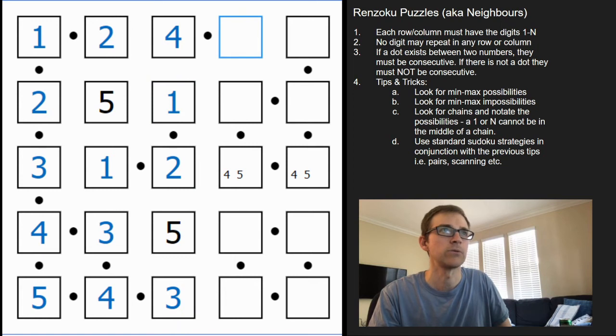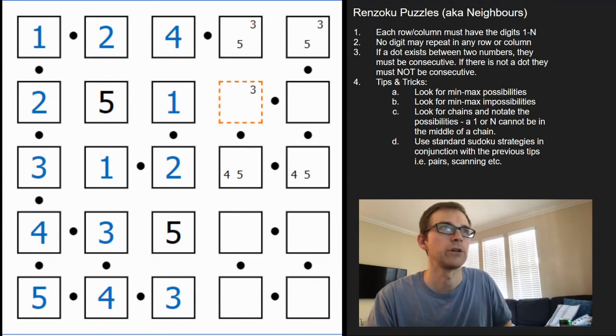And now we can pencil in, oh, so this is either a 3 or 5. And this is a 3 or 5. This is going to be a 3 or 4. That's a 3 or 4. This is a 1 or 2. That's a 1 or 2. And this is a 1 or 2.